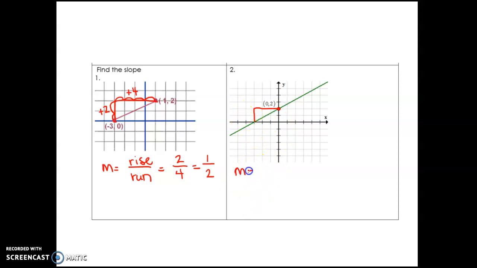So my slope is rise over run, and I rose positive 2, and I ran 1, 2, 3, positive 3. So my slope is 2 over 3. Sorry, 2 over 3.